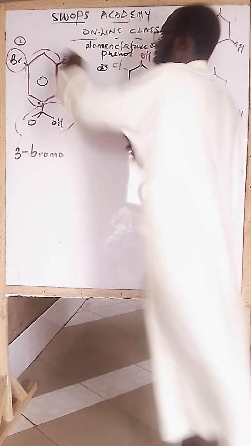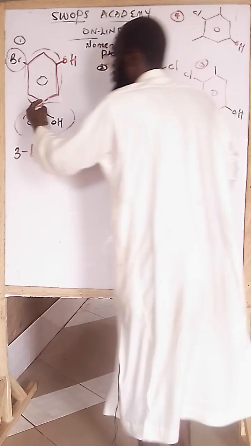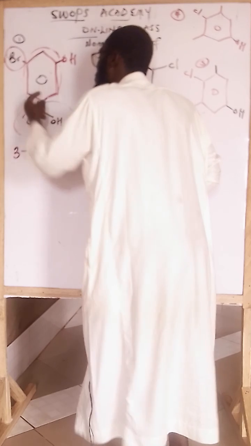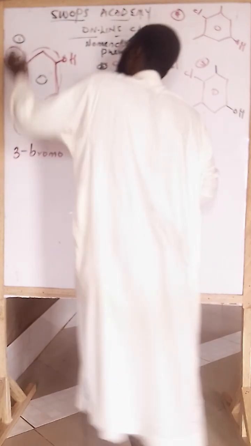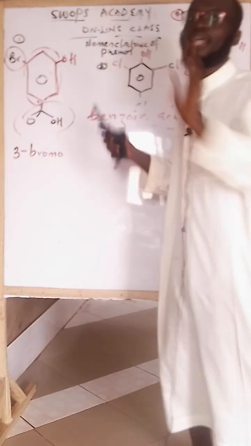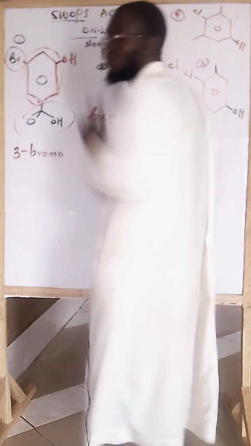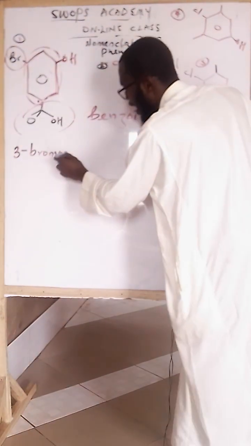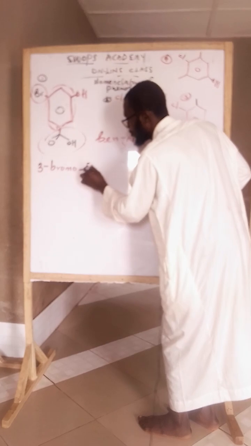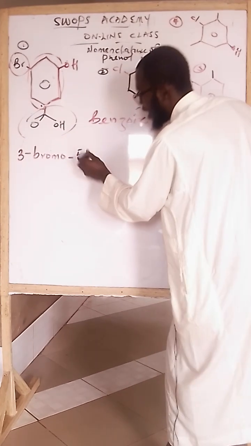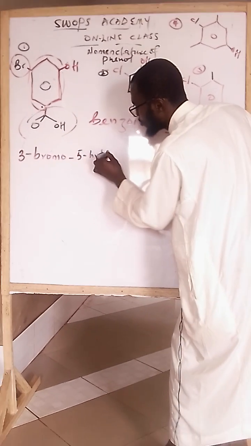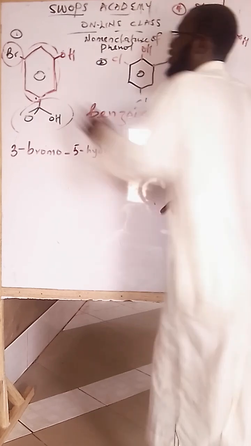What follows? We are still seeing another substituent here. What is that? Since you start counting like this, you can never count like this again. You go counting like this, irrespective of where it is located. Now what follows? It will now be 1, 2, 3, 4, 5. It will now be 5-hydroxy.